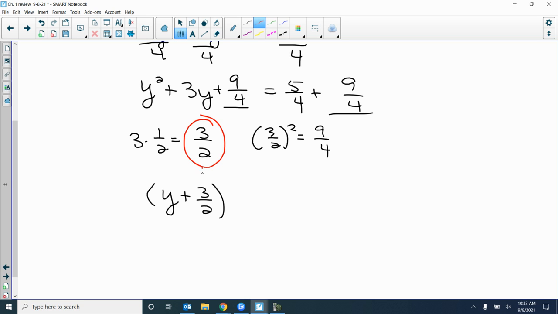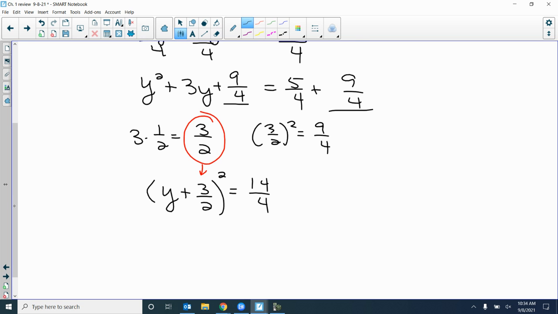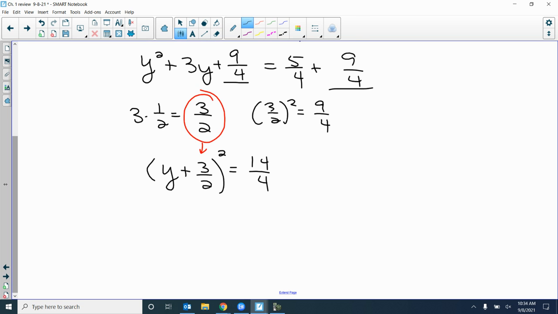Whatever you divide that number in half, that is going to be what's in parentheses. 3 halves times 3 halves is 9/4. When you add them together, you get 3. Quantity squared. Now this works out nice. 5/4 plus 9/4. That gives you 14/4. All right. To me, that's the hardest part.